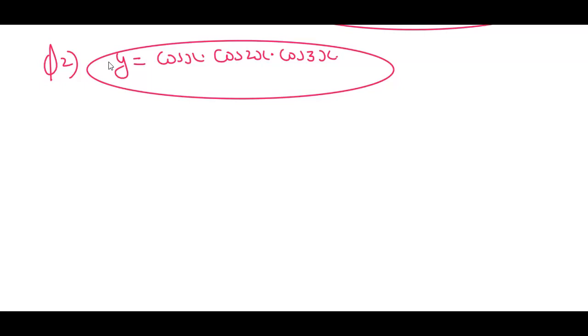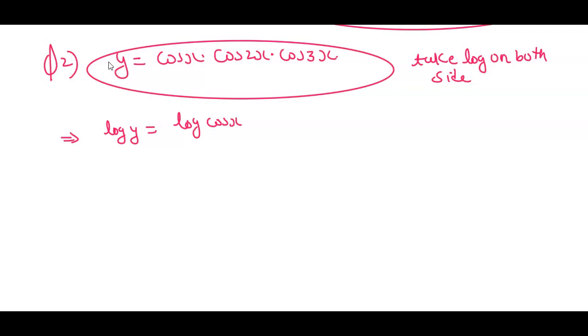Now if I take log on both sides, it is going to be like this: log y equals log of cos x cos 2x cos 3x.